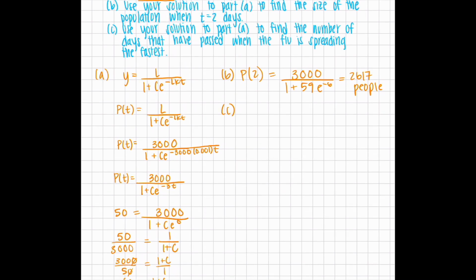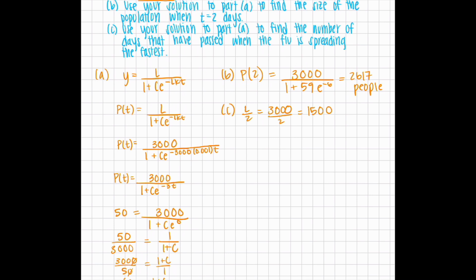Letter C, use your solution in part A to find the number of days that have passed when the flu is spreading the fastest. The flu is spreading the fastest at the carrying capacity divided by 2. If L is 3,000, that's our carrying capacity, so 3,000 divided by 2 is 1,500.